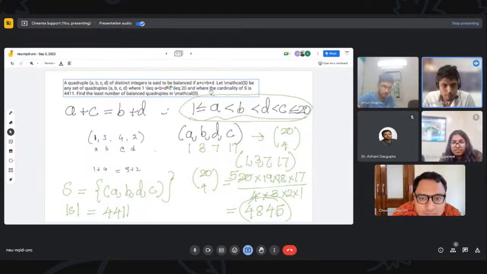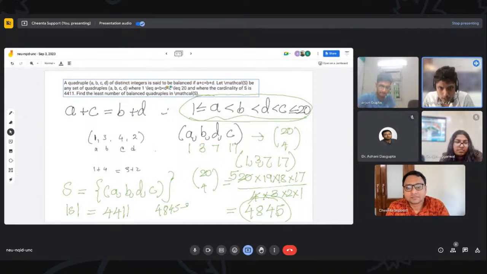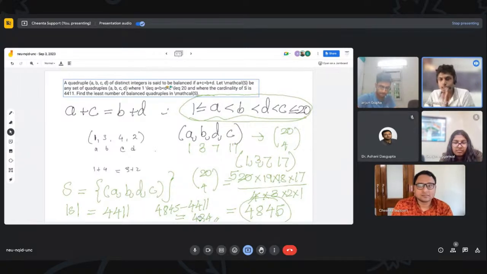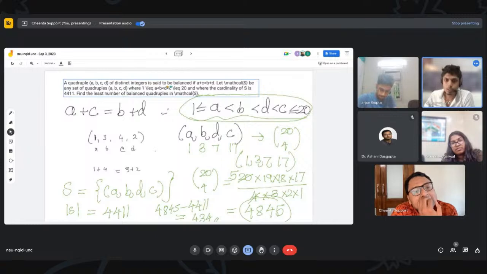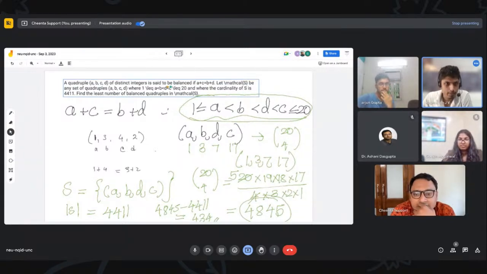So if I find this, then 4845 minus 4411 is equal to 434. So these 434, I will leave out from the balanced quadruples. So the remaining balanced quadruples must be there in the set S. So let's find the number of balanced quadruples ABCD.